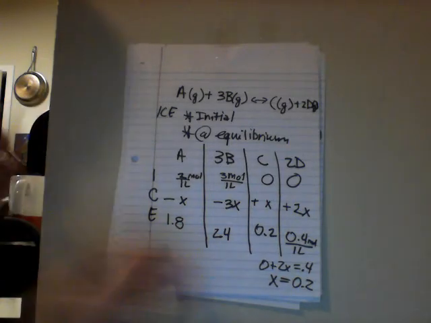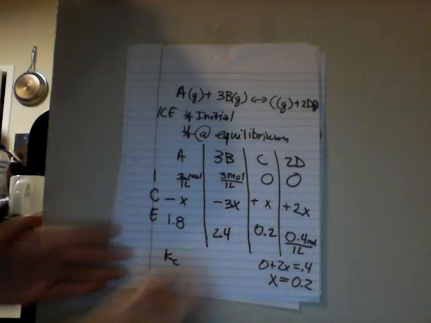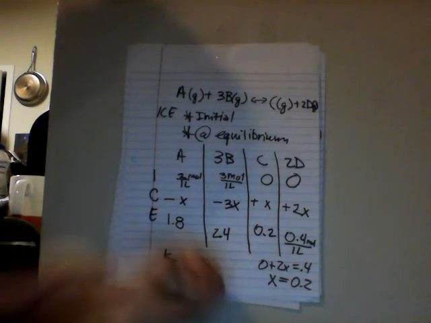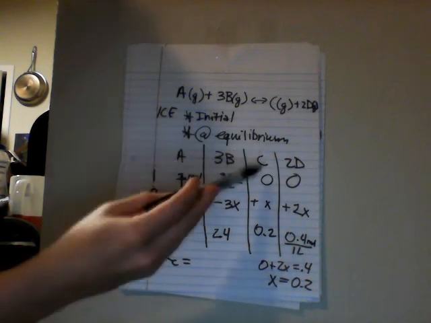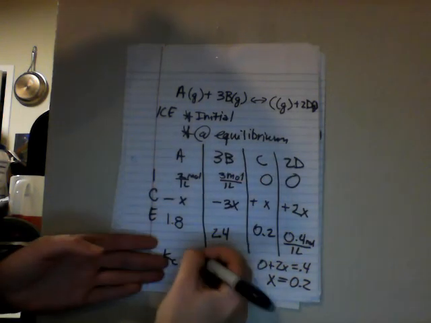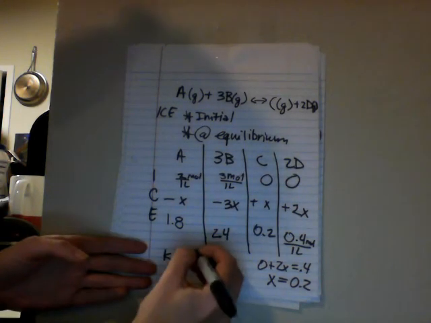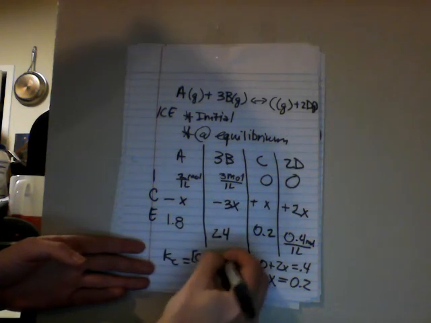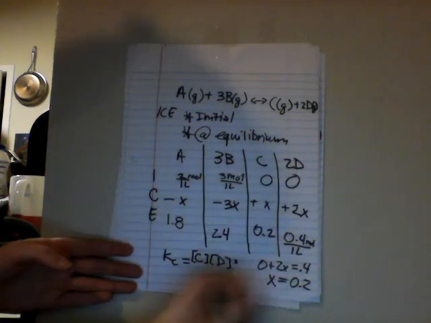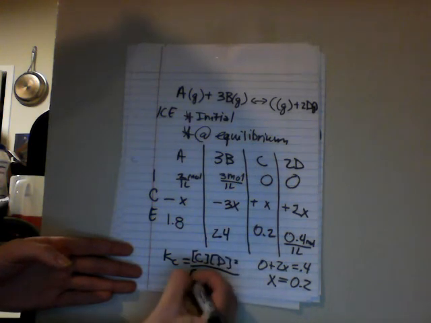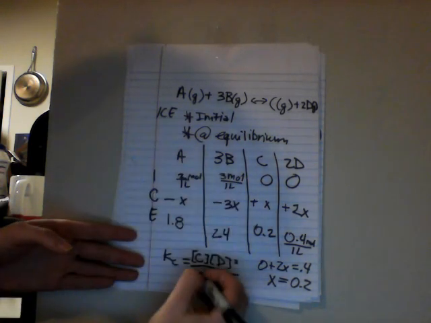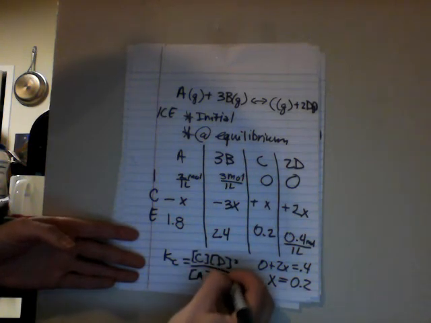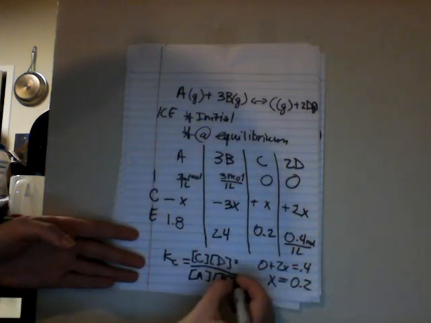If you forgot what an equilibrium expression is, remember, Kc is going to be your products over your reactants. So the concentration of C, concentration of D to the 2, over the concentration of A, concentration of B to the 3.